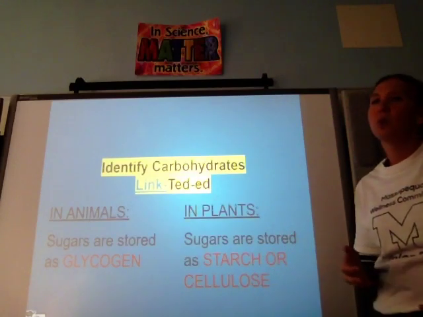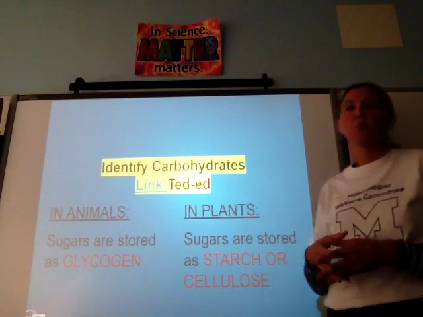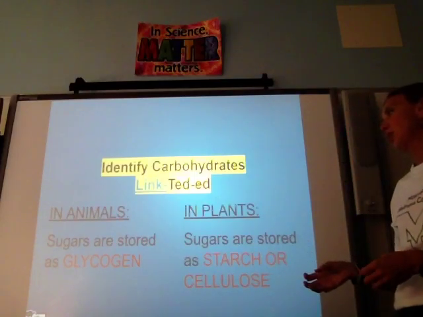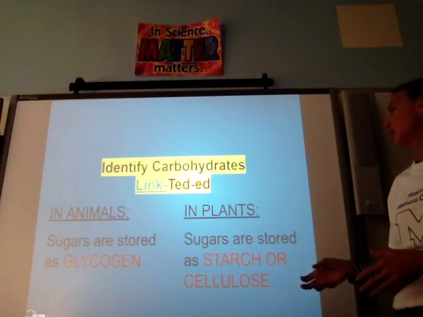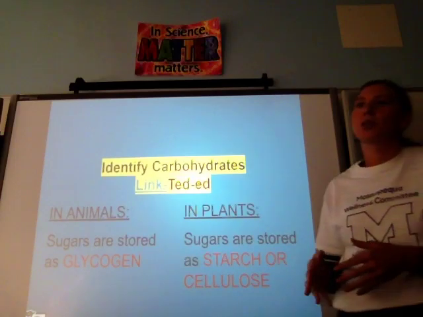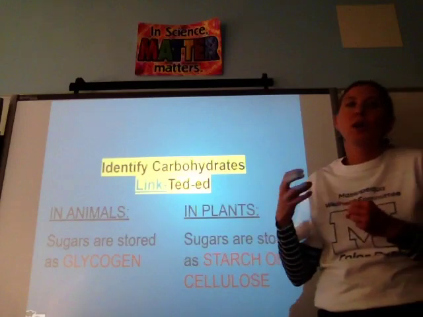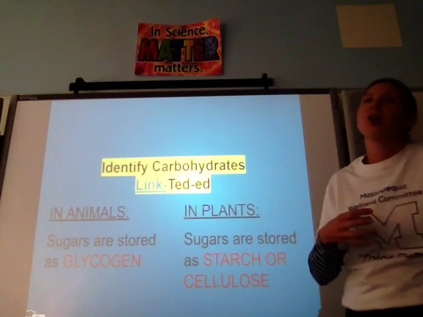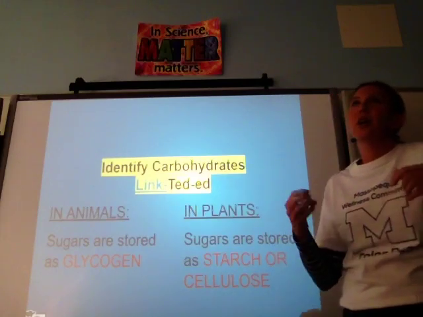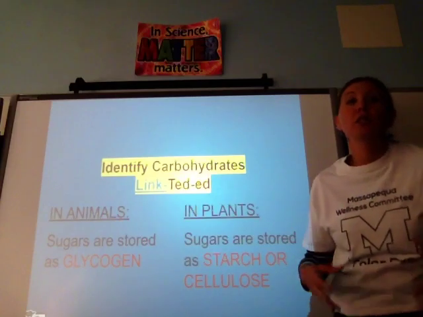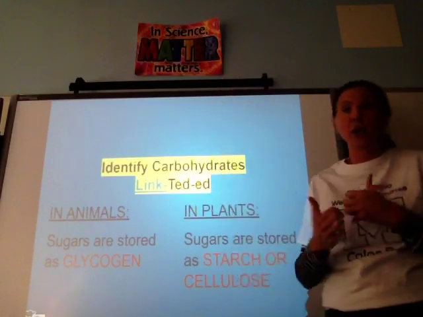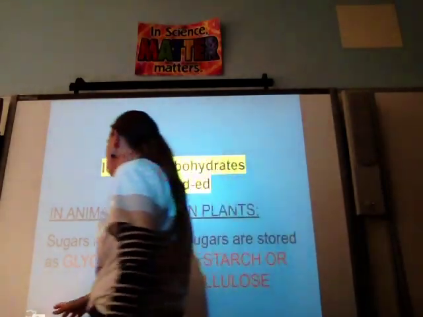So those simple ones end with ose, and these more complex carbohydrates are things like glycogen, starch, and cellulose. And you have to know that all of these names fall under this category of carbohydrates. That carbohydrate falls under the larger category of organic molecules.